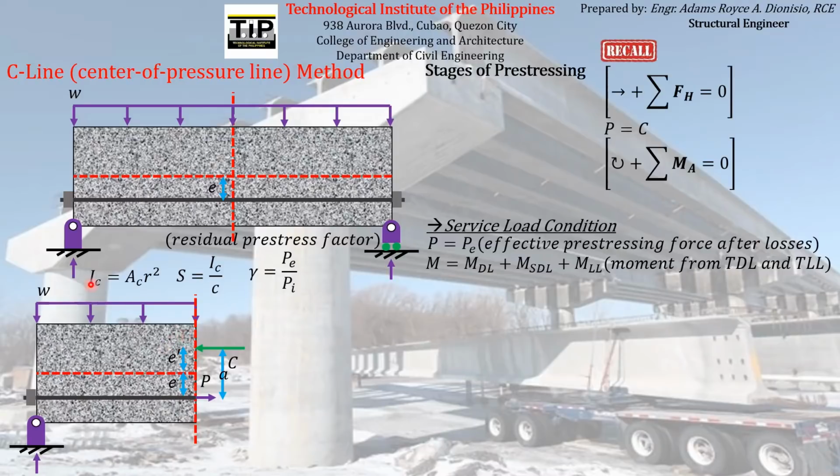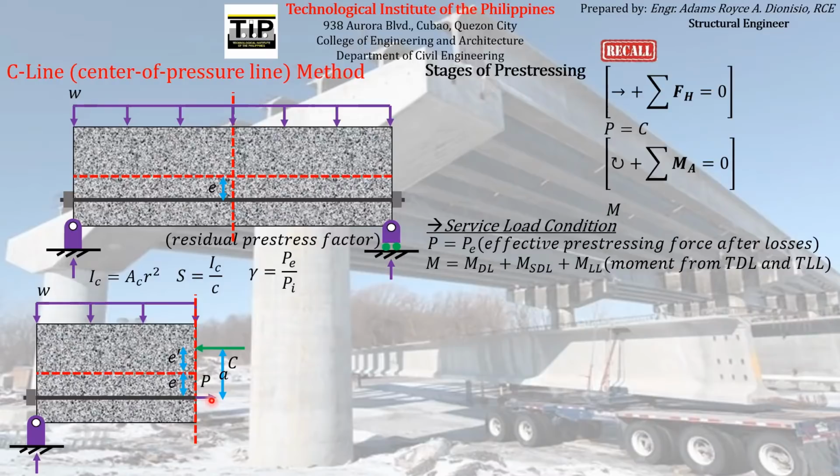Let's just call the summation of their moments with respect to this cross section moment M, which has a clockwise direction. And since we said that clockwise moments are positive, the moment M, the sum of the moments of the uniformly distributed load and the reaction, will have a positive value on our equation.